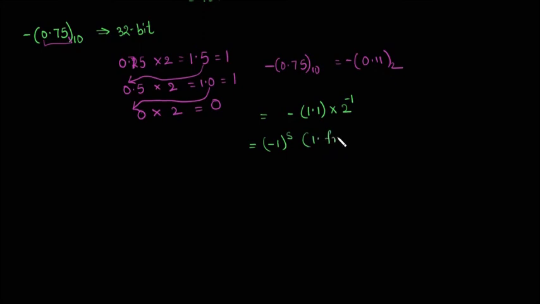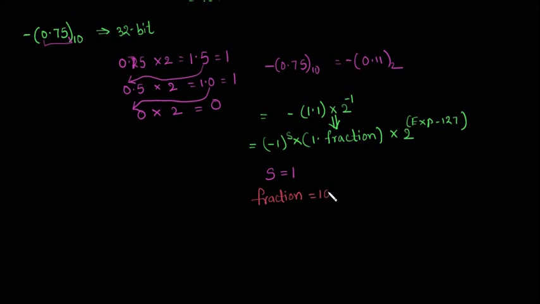1 point fraction into 2 power exponent minus 127. This is equivalent to this. So let us derive all the values from that. What is the sign bit? Sign bit is 1 because it is a negative number. And what is the fraction value? Fraction is the value after the binary point, that is 1.